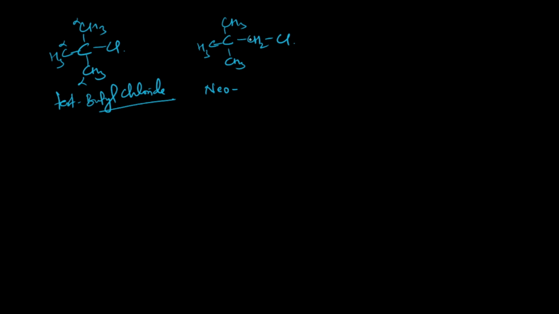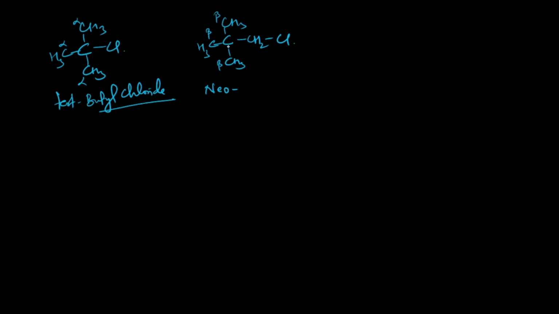The carbon which is attached to this halogen is attached to the alpha carbon which has no hydrogen, or we can say 3 beta carbons are attached. The halogen is attached to that carbon, and that carbon is attached to the next carbon.